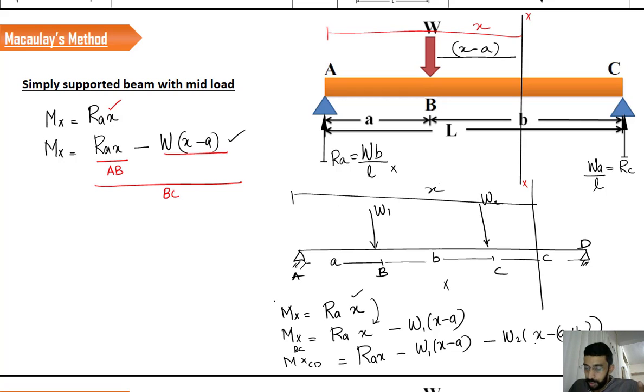So look here, if you consider the last equation, it has every term that we have defined in the previous steps. The first term corresponds to section AB, the first two terms correspond to section BC, and all these terms will contribute to the section CD.